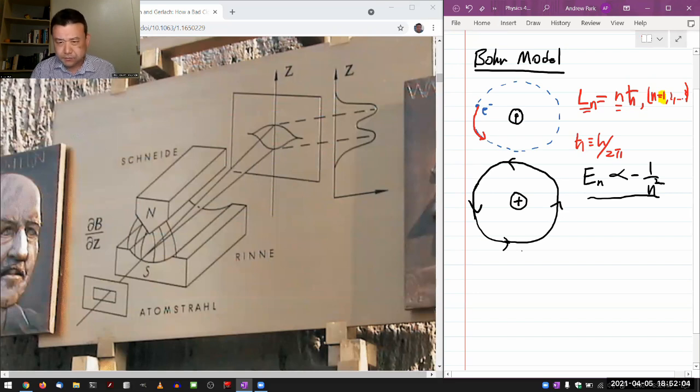And if my electron was going clockwise, that would make my current go counterclockwise. And if you think back to what you learned in physics 4B, when you have a current loop like this, then there are consequences that follow from that.